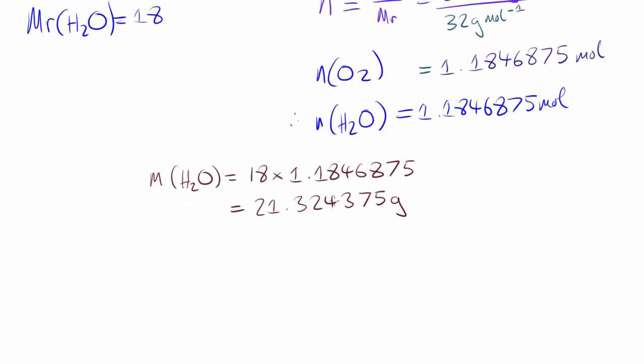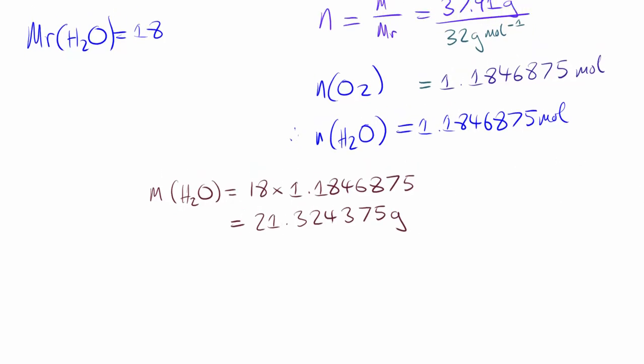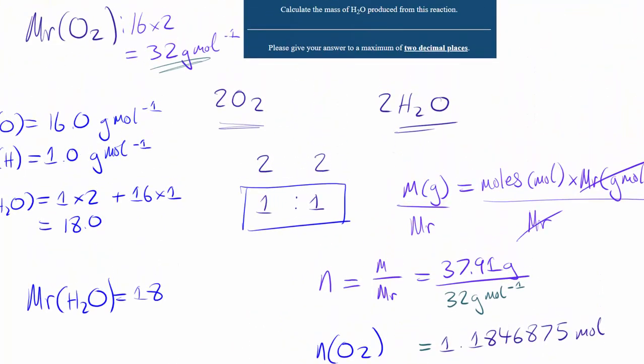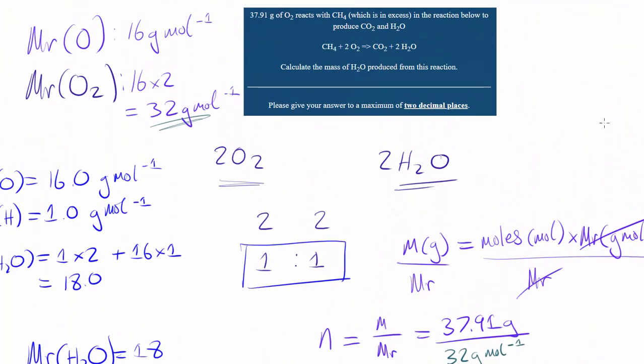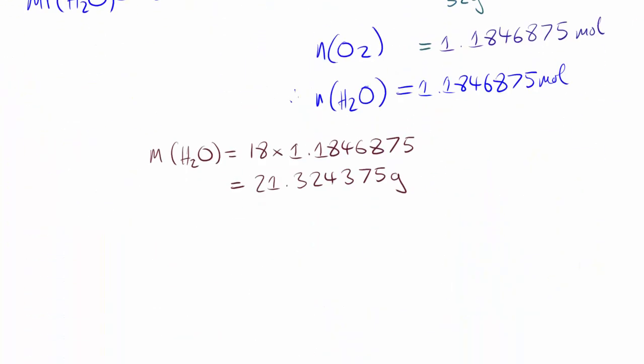We've got a figure for mass, but we're going to need to check our question. The question makes something very specific of a request. It says, please give your answer to a maximum of 2 decimal places. So given that constraint, can we reasonably say that this is our answer? No, we can't, because it's not to 2 decimal places. So we're going to need to do some rounding.